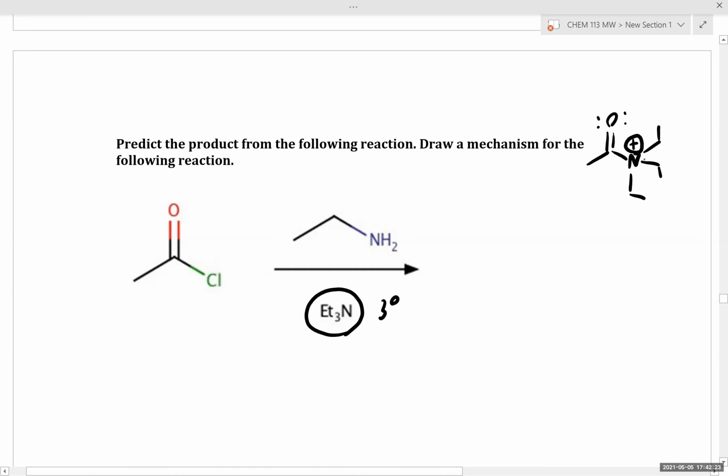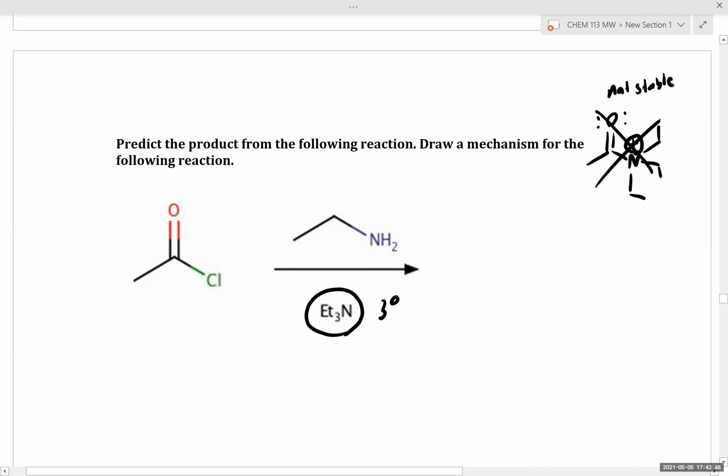This amide, where we have complete substitution of our nitrogen, and we have this quaternary nitrogen, is not stable. And as a result, triethylamine won't interfere in this aminolysis reaction, because even if it did react, you generate a species that's so unstable, it'll just decompose back to the reactant.